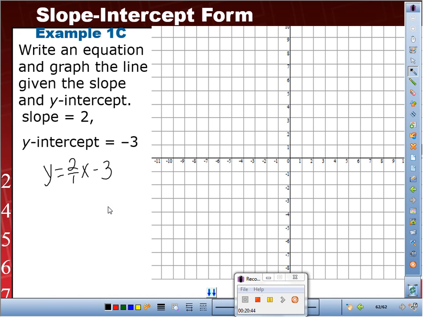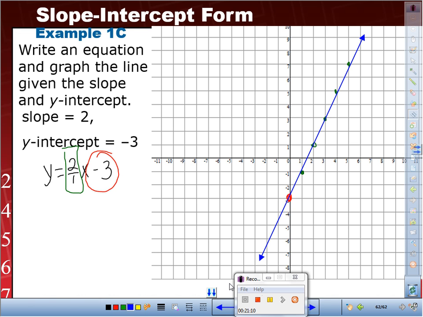We started at -3. Our slope tells us to go up 2 steps and 1 to the right, and repeat, and then you graph your line going through those points. Hands, have you got that? Okay, that is correct.